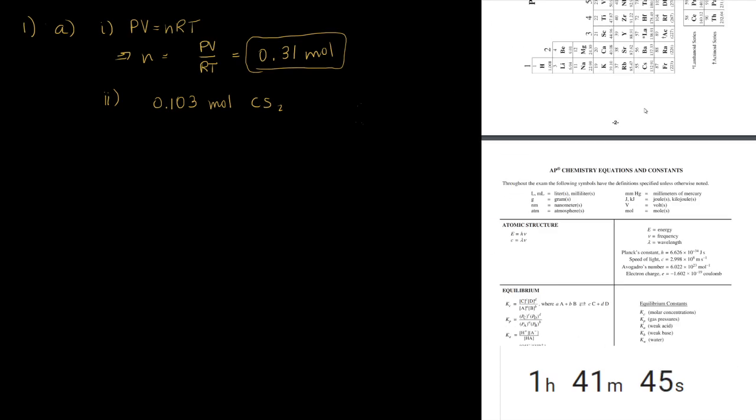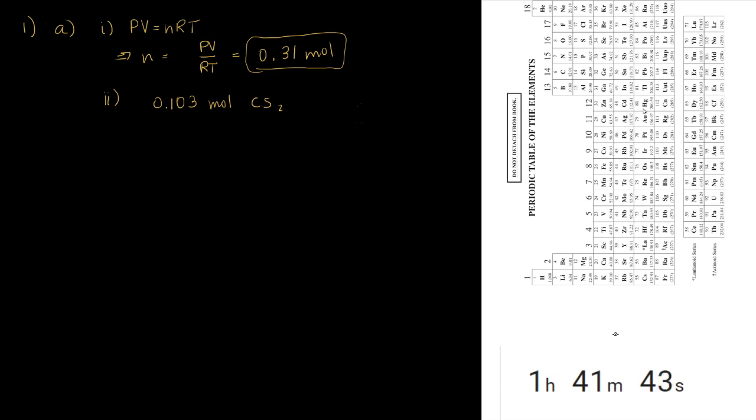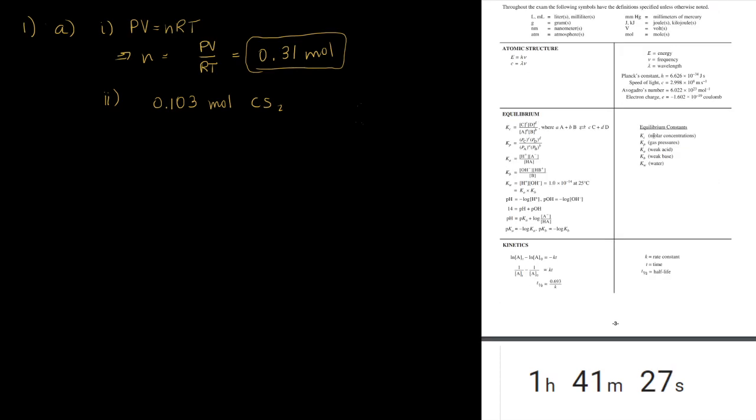Now it's just a question of what the grams of this is. So if we head over to the periodic table, we see that for sulfur, the atomic mass is 32.06, and we multiply that by 2 because there are 2 sulfurs, plus carbon is 12.011. If I scroll back down here, oops, too far.